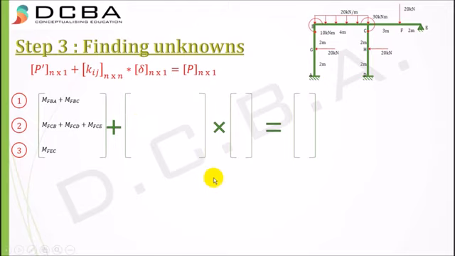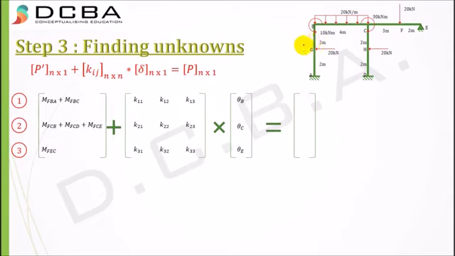Then all these stiffness matrix coefficients, these are called stiffness coefficients, K11 till K33. Then our unknowns, theta B, theta C, and theta D. And the last column, P n cross 1, is any external force occurring on the joint of the unknown. That is, the first unknown is theta B and it is occurring on the joint B. So is there any external force?